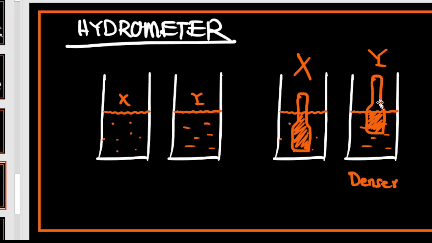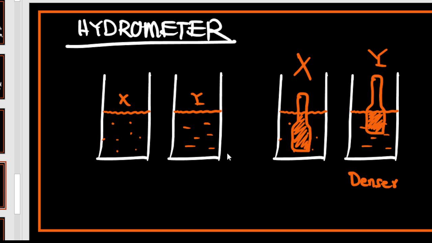We experience more resistance compared to when you are trying to immerse it in a substance that is less dense. So Y is going to be denser than X. Sure you understand that. Liquid Y is denser than liquid X.